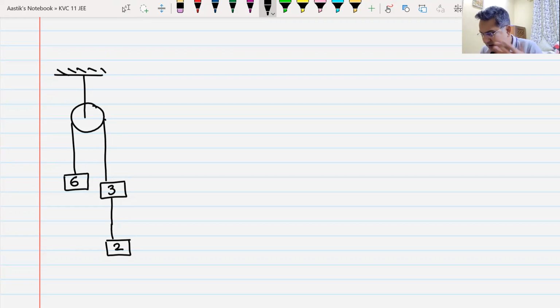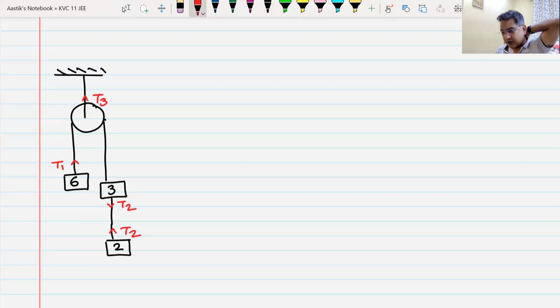Let us only find the tension in the strings. You tell me the tension in all the strings. This tension is T1. The tension in this string is T2. And tension in this string is T3. So you tell me all the tensions. I'll give you 2 minutes to do this.